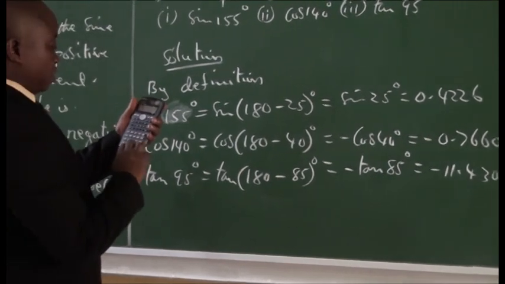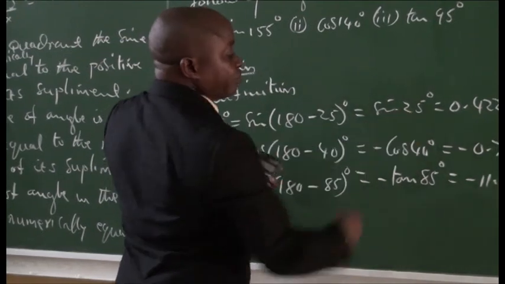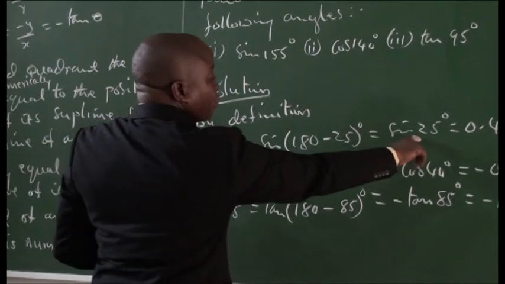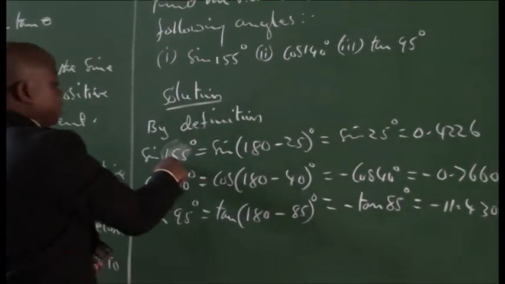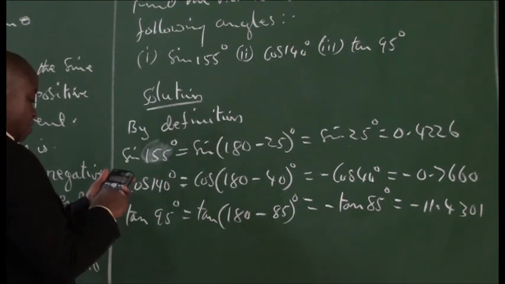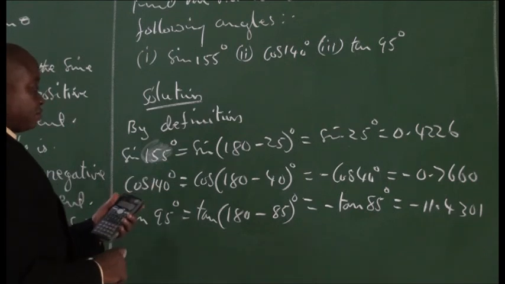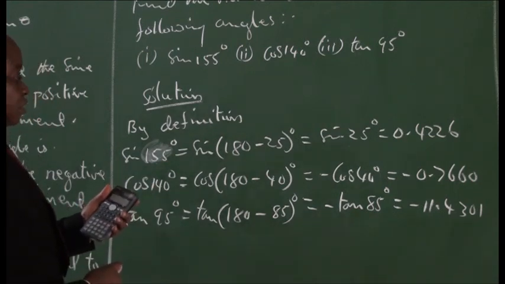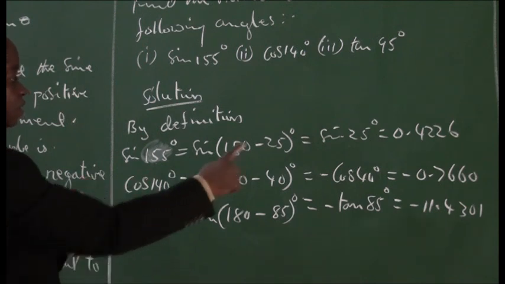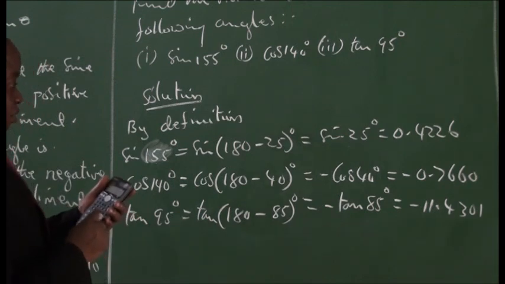So what we are saying is, if you press sine 155, it gives you the same thing sine 25 will give you. And sine 25 is what we call the supplement of 155. If you also press cos 140 degrees, it gives you the same as minus cos 40 degrees.